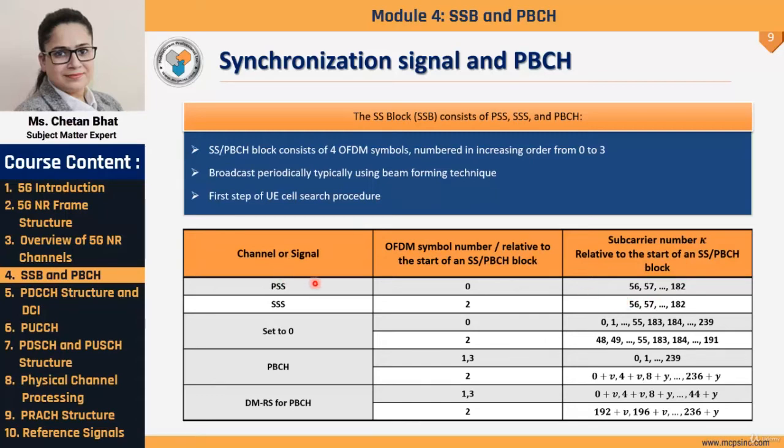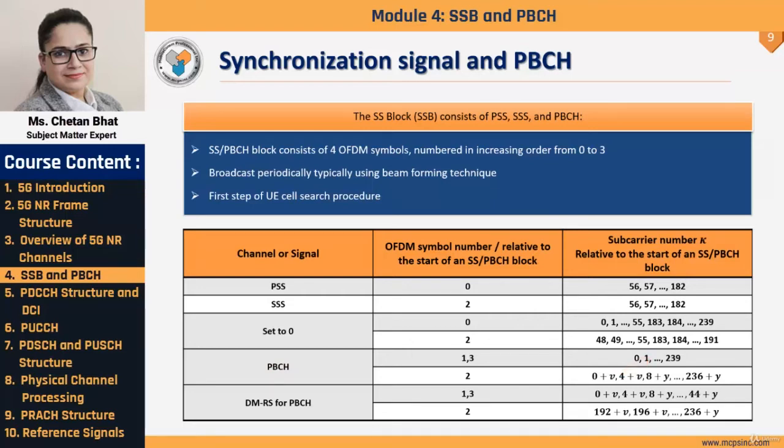PSS is going to occupy OFDM symbol number 0, and the subcarriers from 56 to 182. So a total of 240 subcarriers are used for the SSB block, out of which subcarriers 56 to 182 are used for PSS, similarly for SSS. And then we have PBCH.